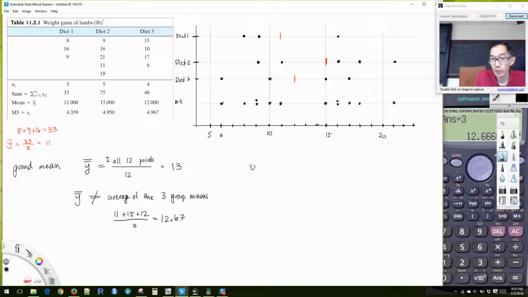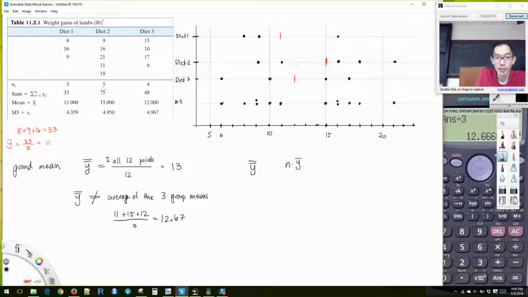To get the grand mean, we either have to add up all of the data points that we have, and sometimes this is not available to us. You might only have the summary table, and so you have to recreate the sum by doing n times a group mean, y bar. If I did 3 times 11, the average of these three numbers is 11, so I would get back the total of these three numbers.